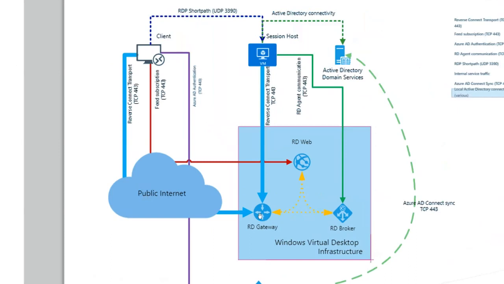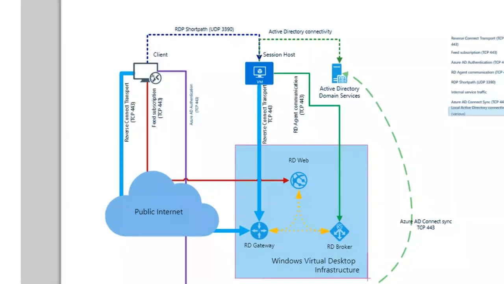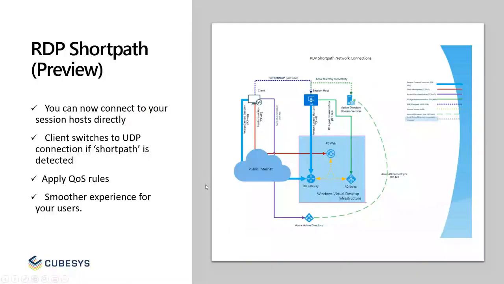This connection still happens initially, but then the actual client on the user's machine, physical machine, if that has line of sight to the virtual machine running in Azure via ExpressRoute, it will then drop this connection seamlessly and connect via RDP short path in the background. So it'll use UDP 3390, so it'll RDP to it direct in the background. So that might be a good use case for you. It basically provides a much smoother experience for your end users.